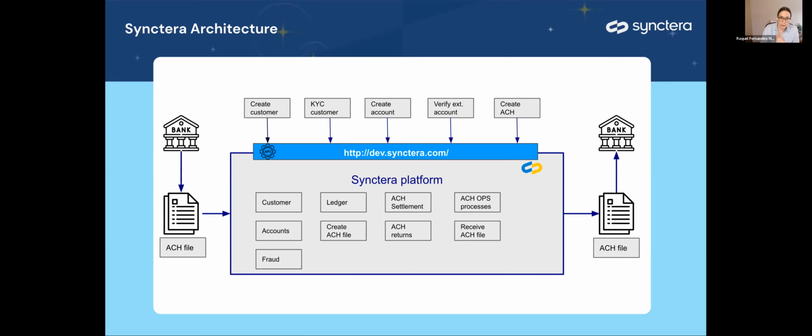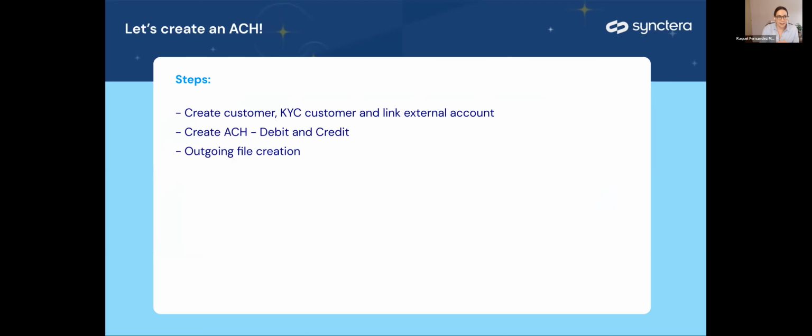And then what I would like to do after talking about all this theory of ACH and the examples is actually to create an ACH and do a live demo of our APIs. In this live demo, we'll look at a customer, and also the KYC status of that customer. We are going to do debits and credits.